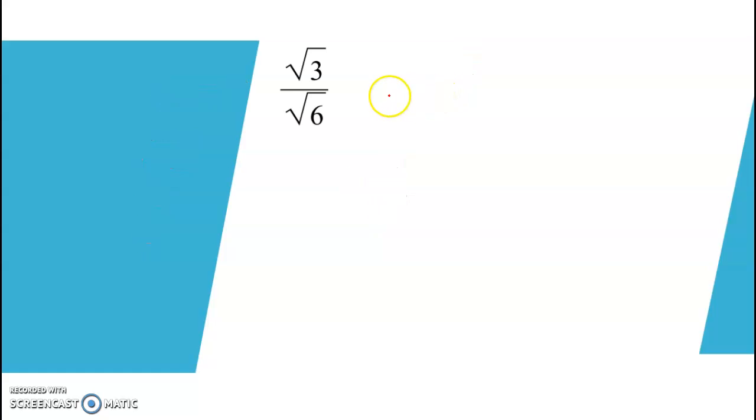All right, let's try some more. So now I've got the square root of 3 over the square root of 6. Got to get rid of that radical on the bottom. Once I do that, of course, I'm going to end up with a 6 on the bottom. Yay me. Now, remember how we did last week, we multiplied the two radicals together.